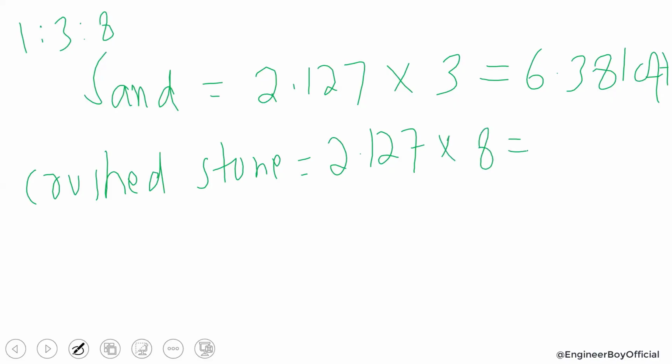I'm not going to repeat those formulas, like the ratio of the material divided by the sum of ratio times the dry quantity of the material. This is just for kids.